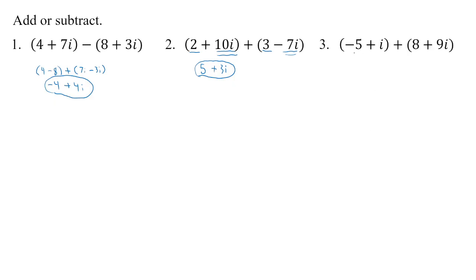Next, we got negative 5 and 8. That's one pair of like terms, so negative 5 plus 8 is 3. And we got i plus 9i, which is 10i. Therefore, the solution is 3 plus 10i. So as you can see, when you're adding or subtracting complex numbers, just combine your like terms. That's it.